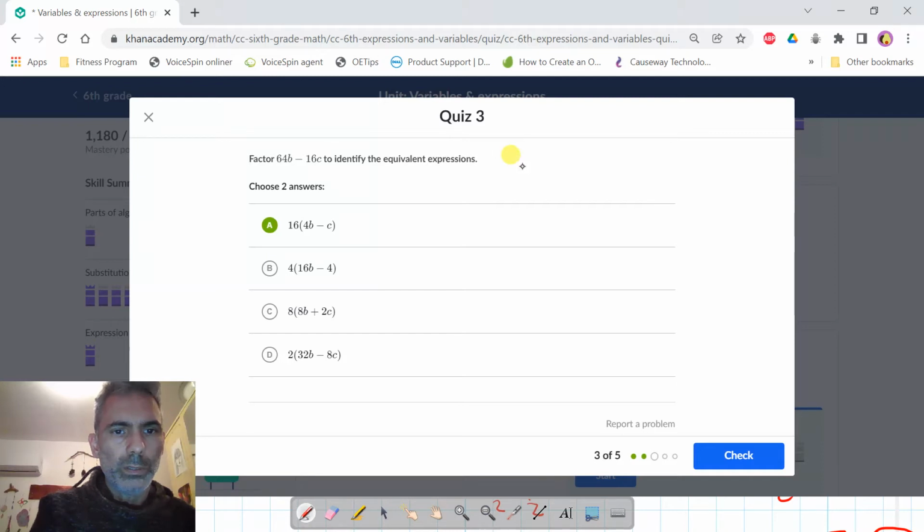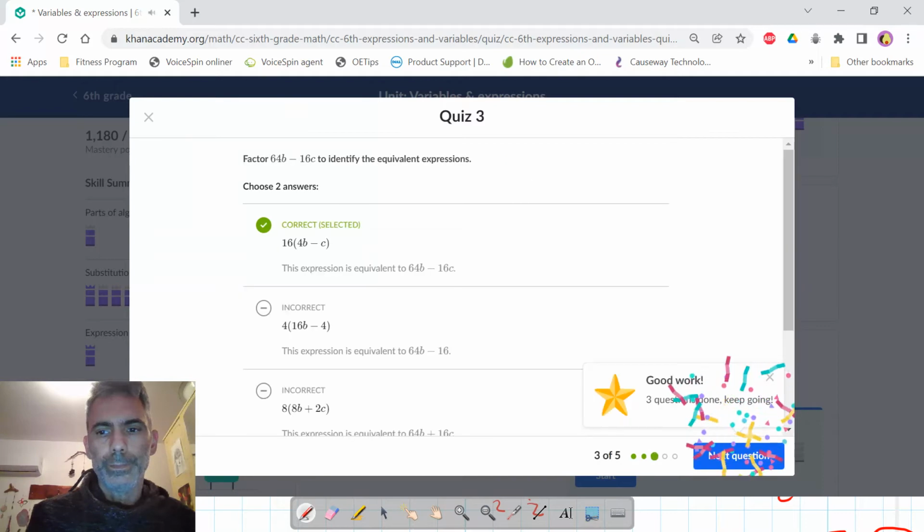Okay, so this is good. 8 times 2c, but the sign here is flipped. It's not plus 16c, it's minus 16c. And here, this should be the correct answer. 2 times 32b is 64b, and 2 times minus 8c is minus 16c. Okay.